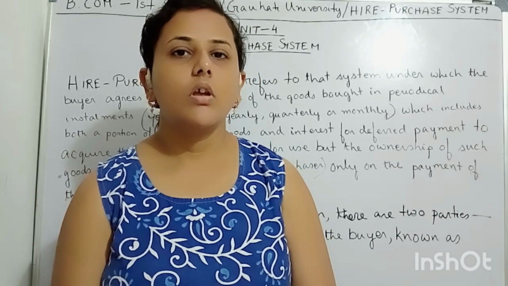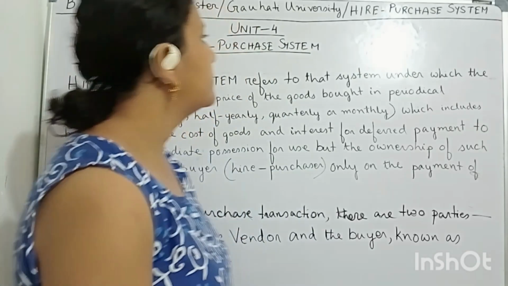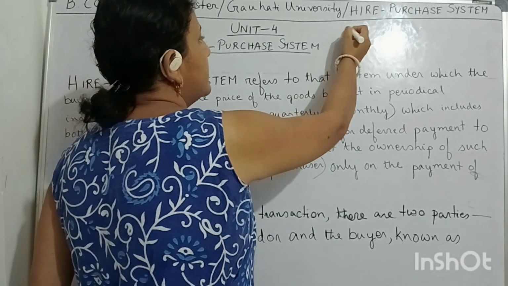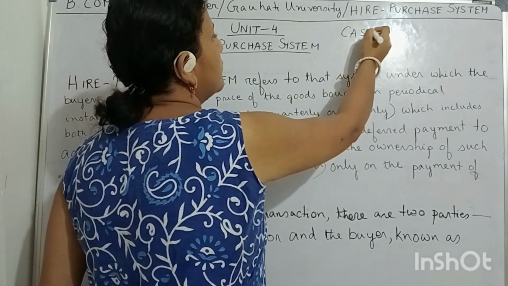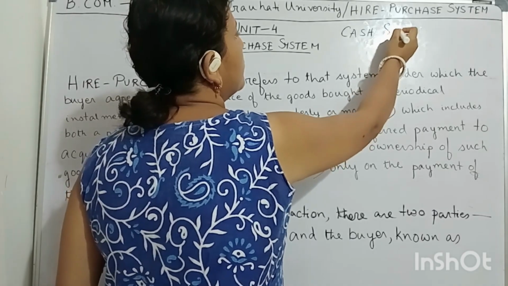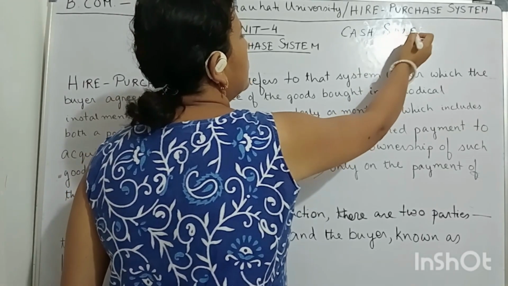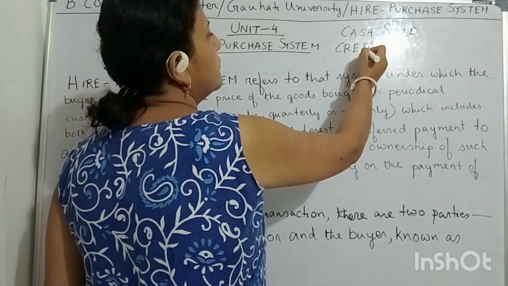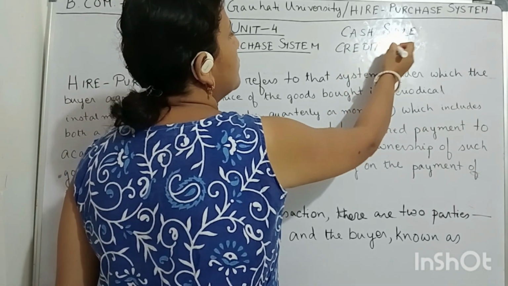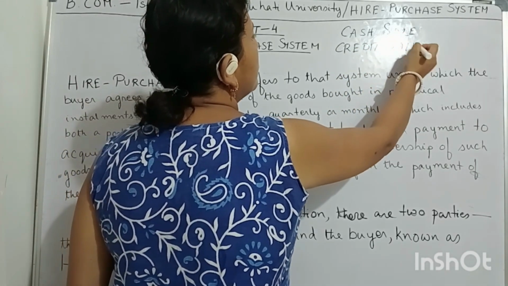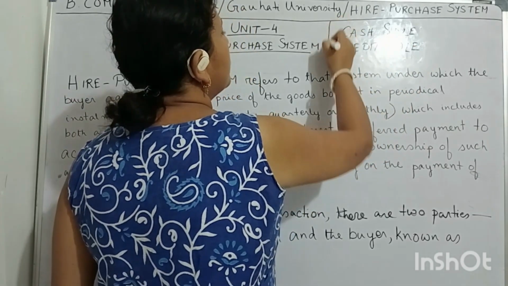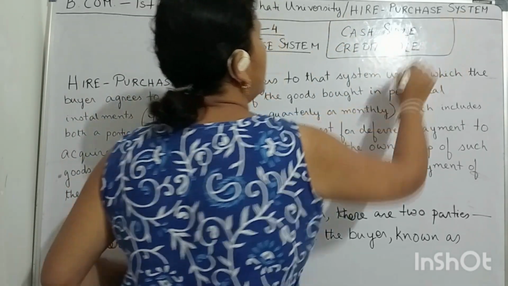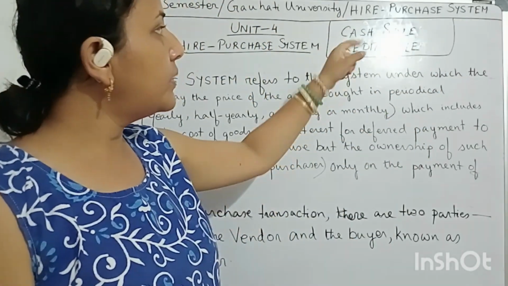You see here, there is cash sale, then there is credit sale. So what do you mean by cash sale?